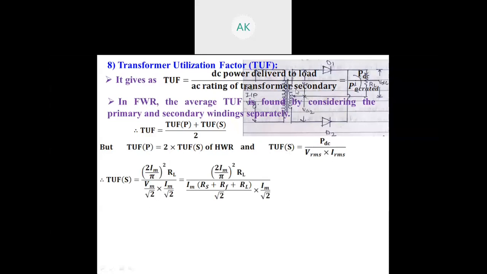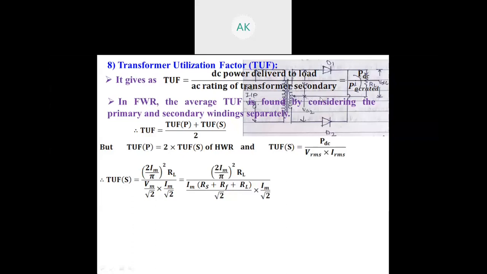For a full wave rectifier, current flows during the positive half cycle of the input as well as the negative half cycle of the transformer secondary. So the entire cycle is applied to the load, and the entire current or voltage from the transformer is flowing. So the RMS value is for one cycle, from 0 to pi and pi to 2 pi.